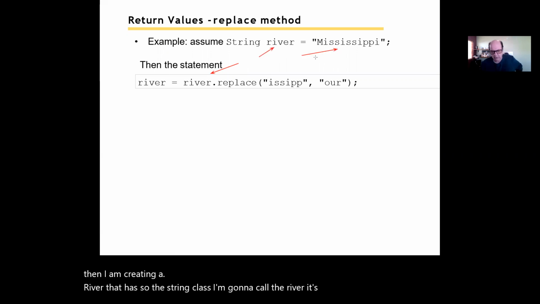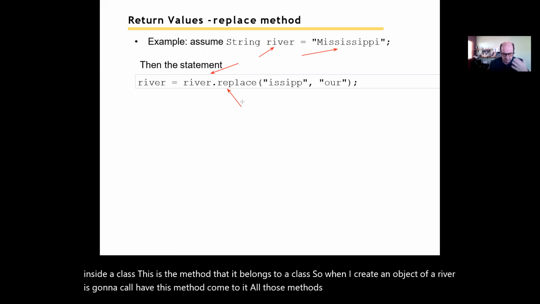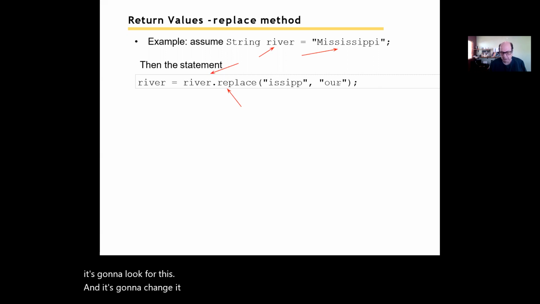This is my data inside that class. This is the method that belongs to the class. So when I create an object of a river, it's going to have this method come to it. All those methods are going to come to me. I don't have to write them. It's already available. So when I call this, it's going to look for this and change it for this. If it's there multiple times, it's going to do it multiple times.